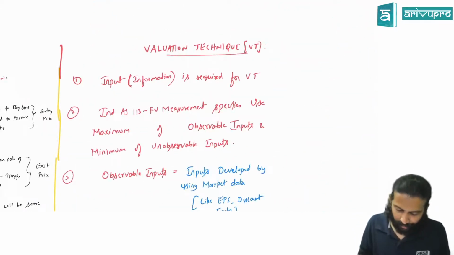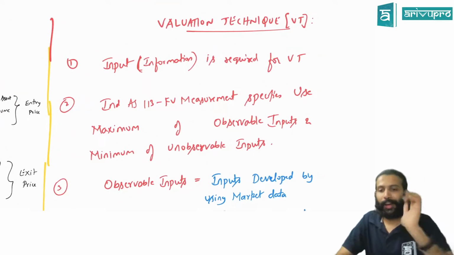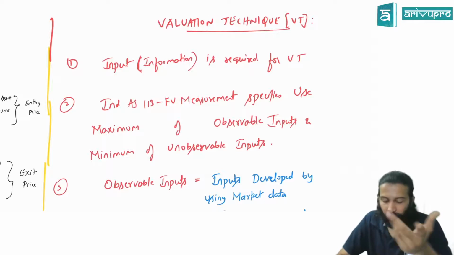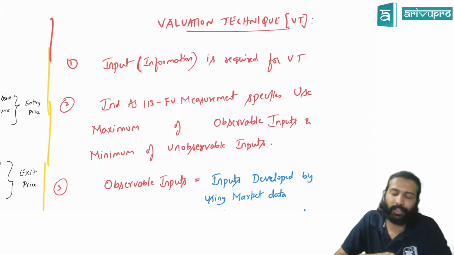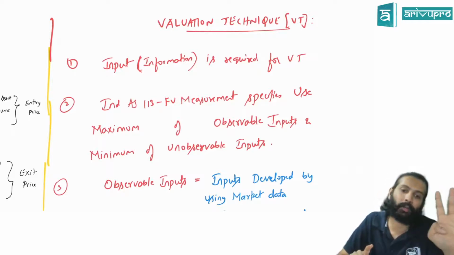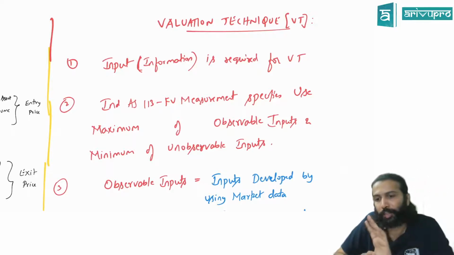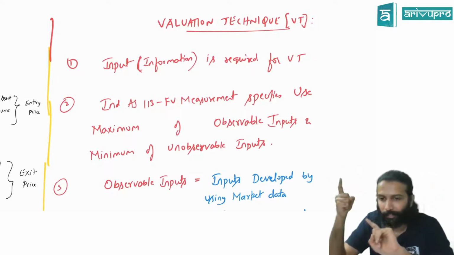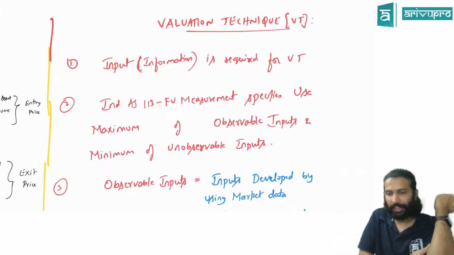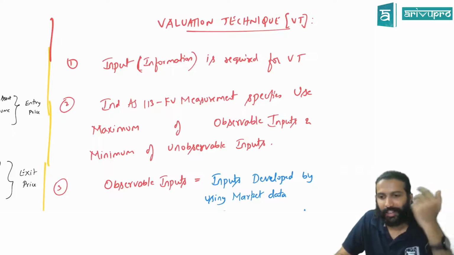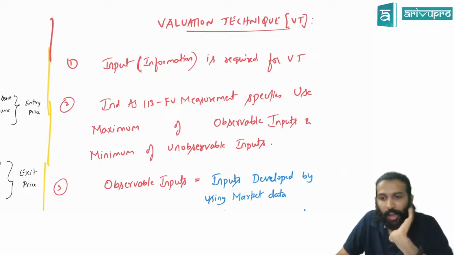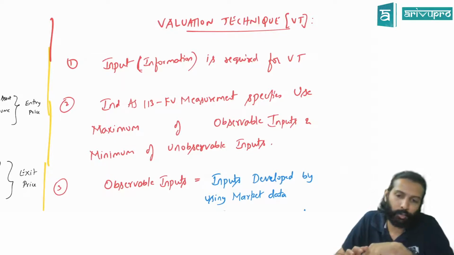Then you have a valuation technique. To do a valuation technique, you require certain inputs or information. What Ind AS 113 says is, if you have all kinds of inputs, use the maximum of observable inputs. Why? Observable input means you can observe that data, or you can tie that data back in the market. Correct? Fair value measurement is a market-specific activity. Hence they say use a maximum amount of observable inputs and a minimum of unobservable inputs.